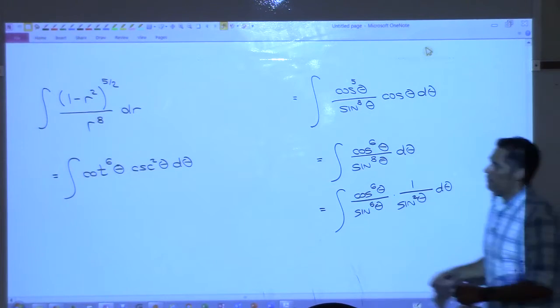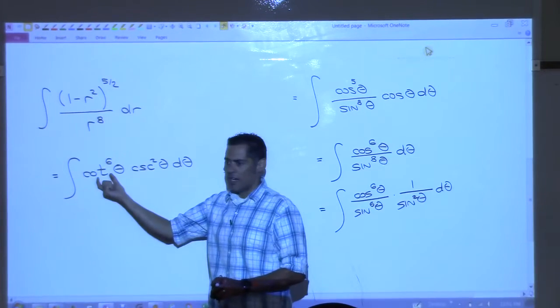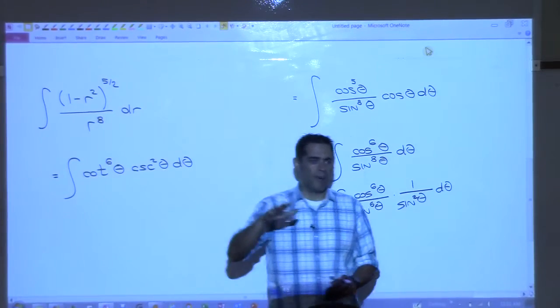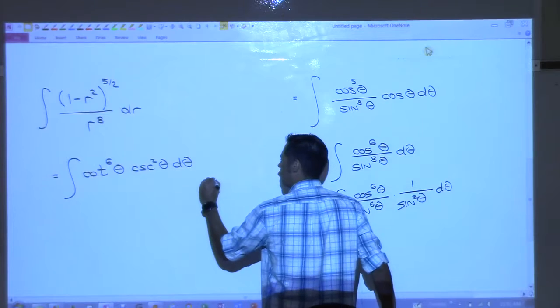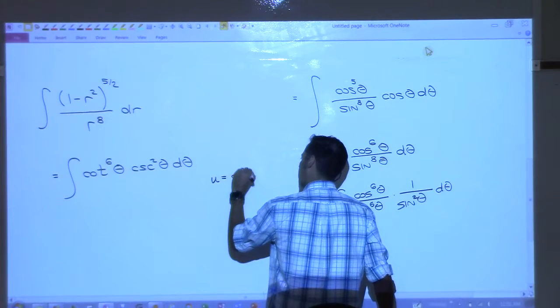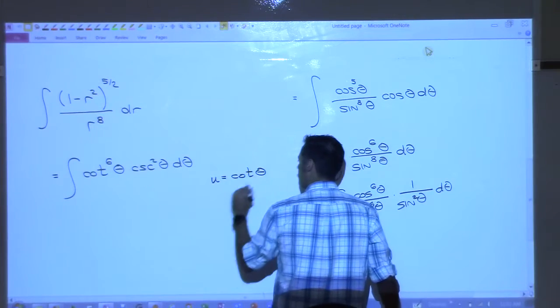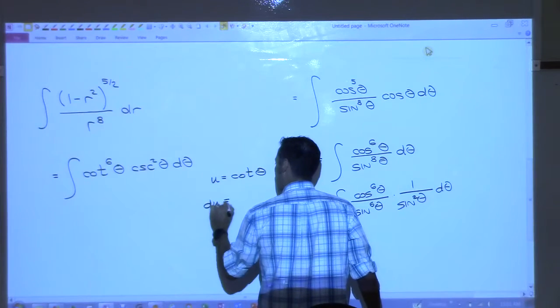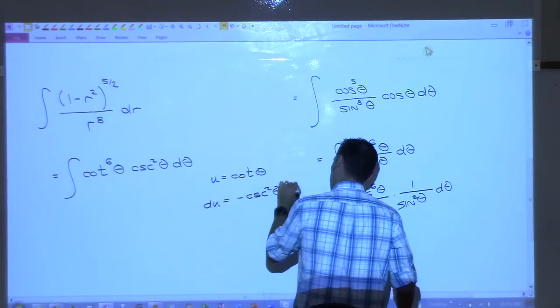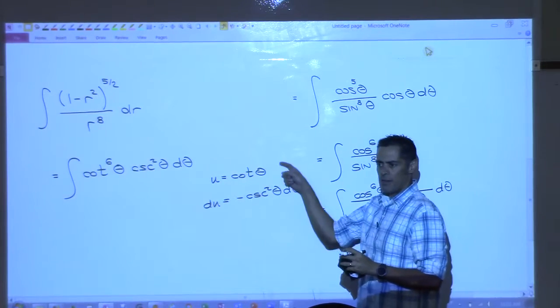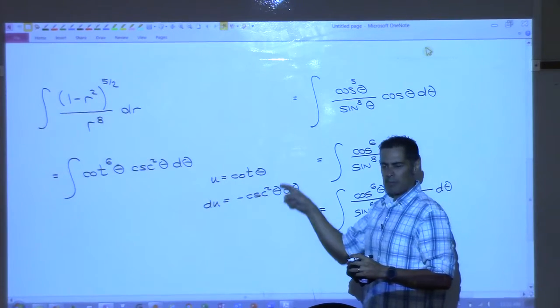So u is cotangent, here's its derivative, we're off by a sign. So I'm going to make a basic u sub now. u is equal to cotangent theta. The derivative of that is negative cosecant squared theta. Do you all agree with me on this? Y'all are okay with that? Yes?